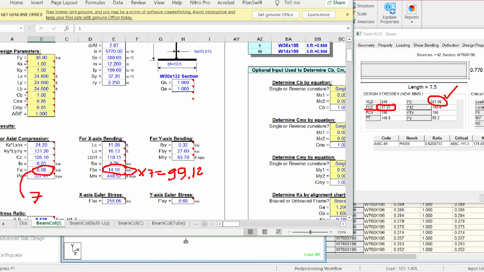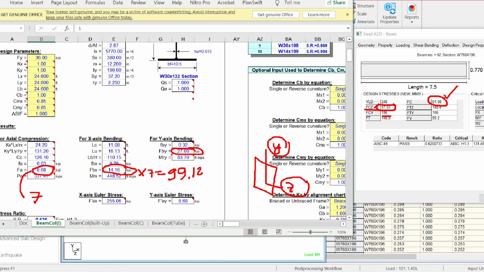Yung kanyang compression bending. Okay? Next is ito naman sa y-axis. Diba? Na-discuss ko kanina. This is Z, this is Y. So, yung kanyang strong axis bending capacity is Z, which is ito. Then, yung weak axis bending niya is Y. So, ito naman siya, which is FBY, 27 KSI.